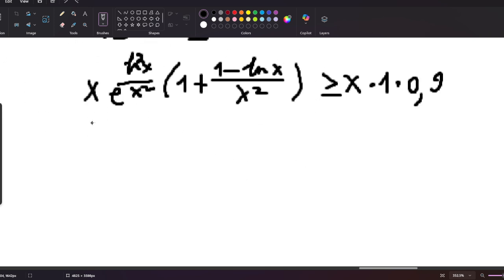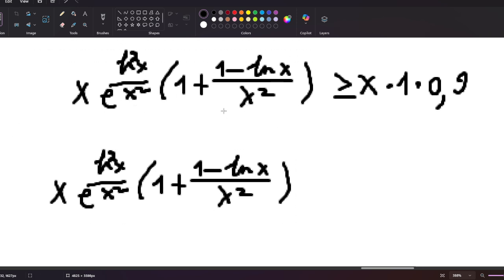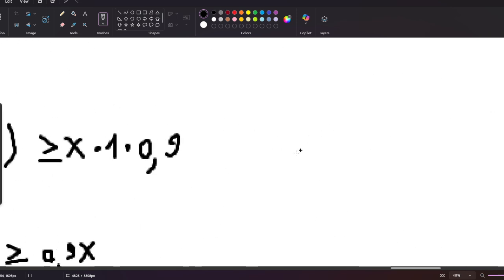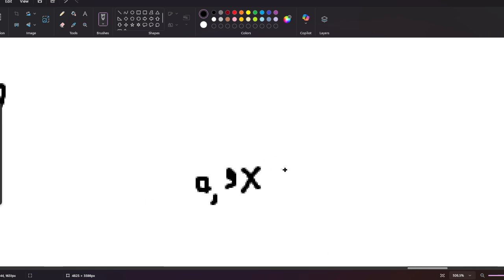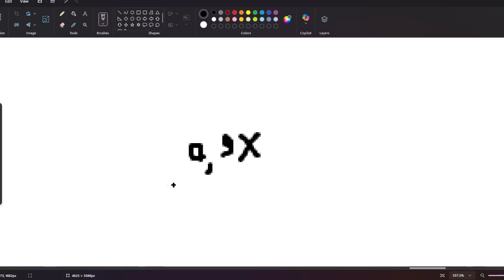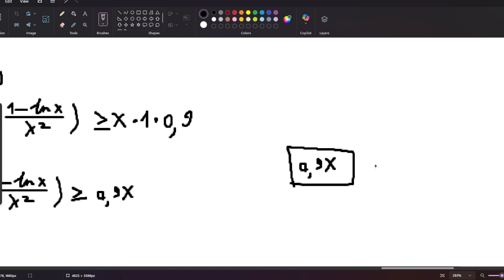Cool. So we have proven that this statement is always going to be greater than 0.9x. And think about 0.9x. For every value that you can think of, you can find some x that would result in the function being equal to that.